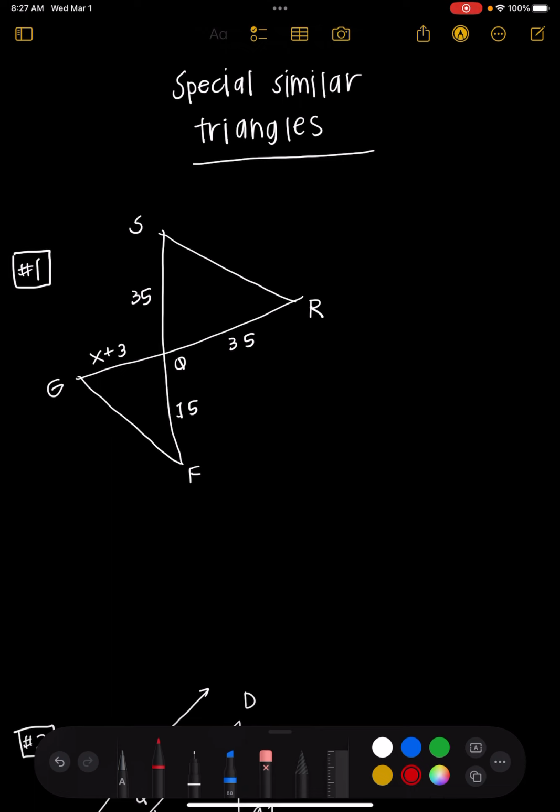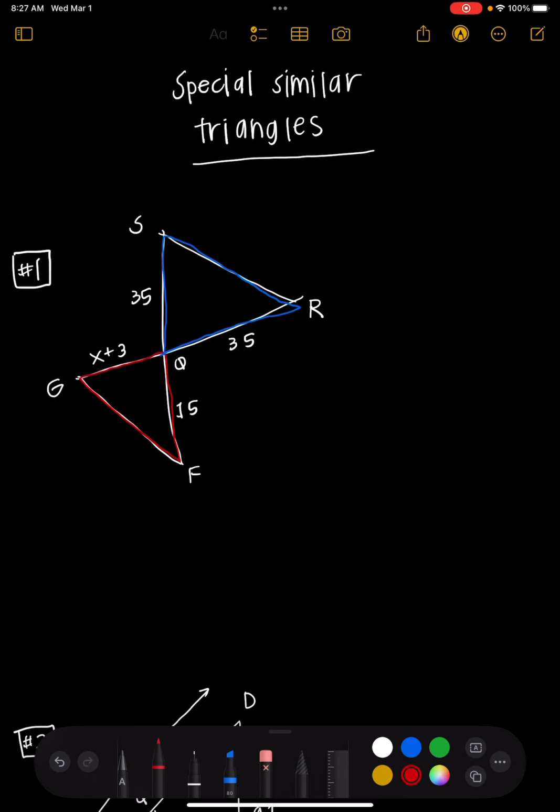I'm going to make one triangle the red triangle, and the other triangle the blue triangle. Then we're going to flip them around so that they are set up exactly the same way but separated.